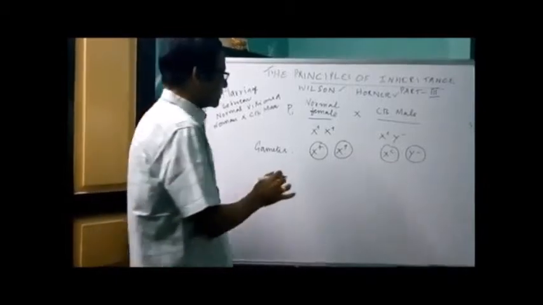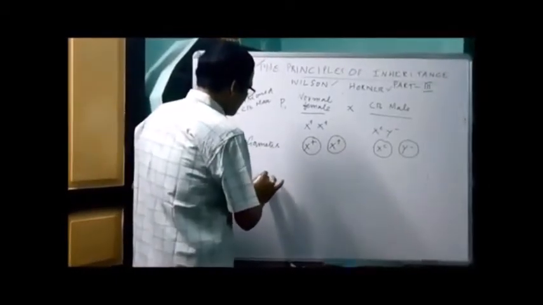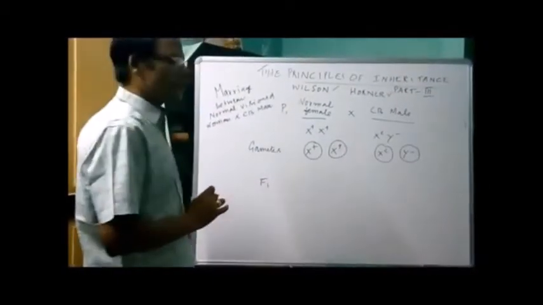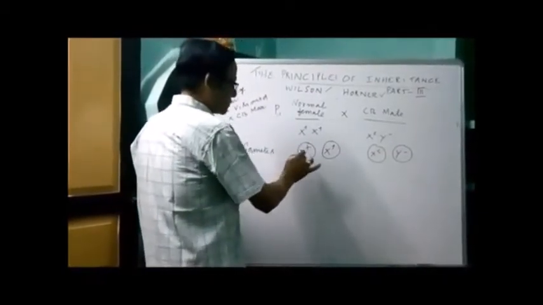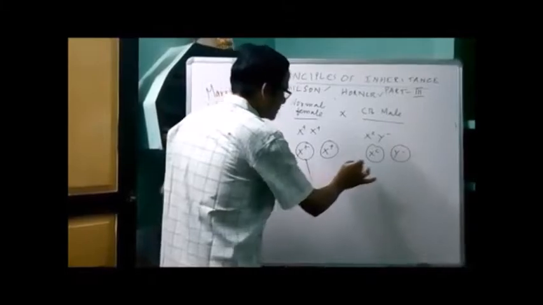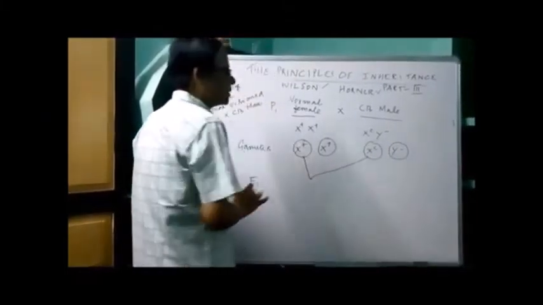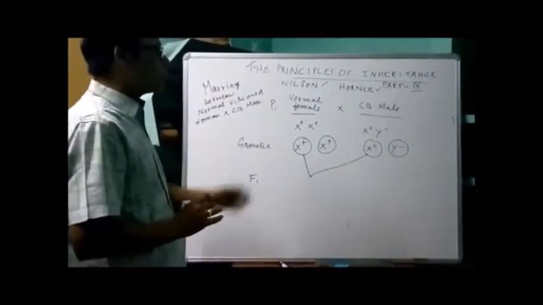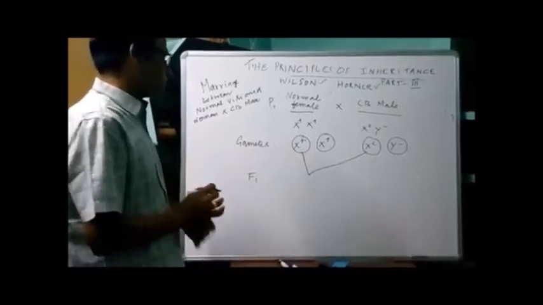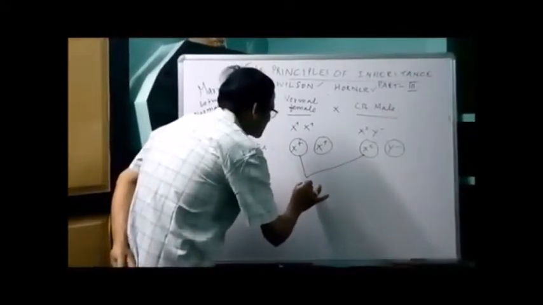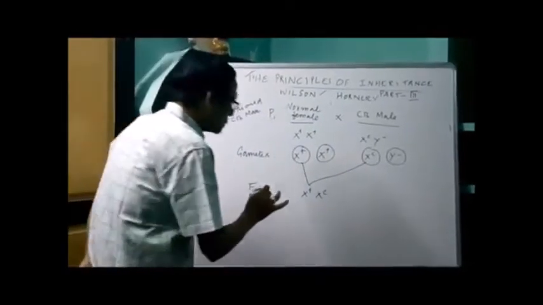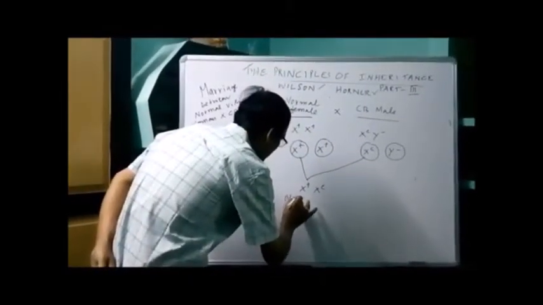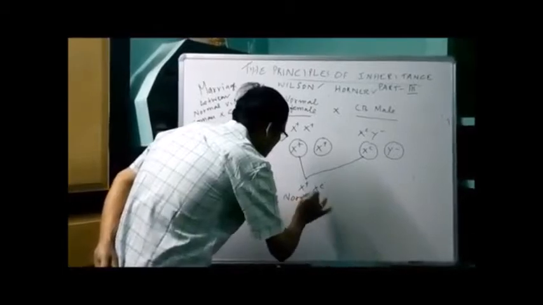Now, what is happening in the first generation, or F1 generation? If this egg is fertilized by the sperm having the C gene, we get a normal but carrier female.